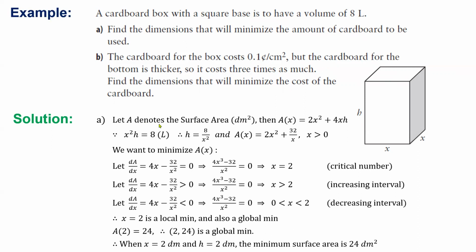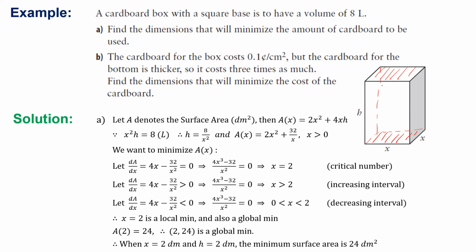Suppose the surface area is A, in square decimeters. Then A(x) is 2x squared plus 4xh, because we have a surface at the top and another at the bottom, therefore 2x squared.